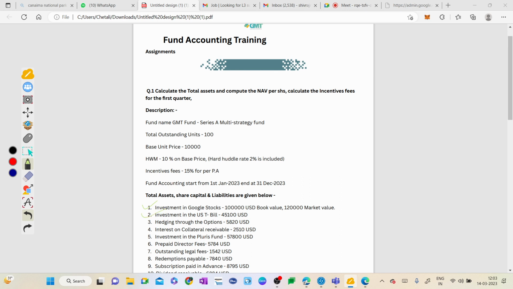Investment in treasury bills, if you want to do the accounting, then recording of the transaction is also important, because those could be your assets, liabilities, or P&L, and that's the reason you need to record those transactions in the books of the fund. And all these activities, the recording of these activities, come under your transaction processing.